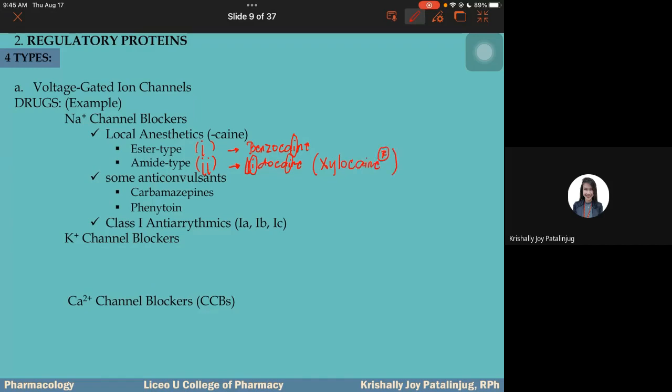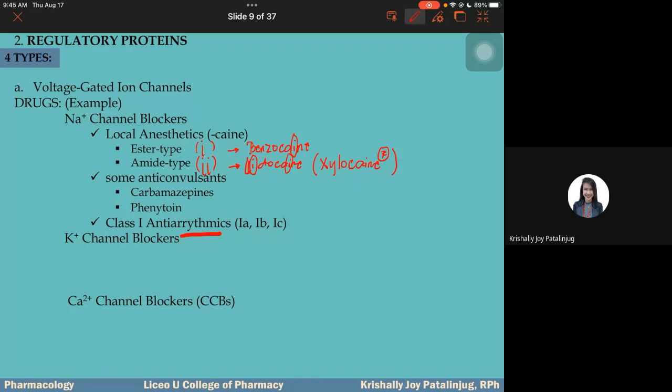Okay? Next, other examples that target the sodium ion channel are the anticonvulsants. We have carbamazepine and phenytoin. And when we discuss drugs for arrhythmia, we'll tackle the anti-arrhythmics. For now, just know that its action is inhibiting the sodium ion channel.